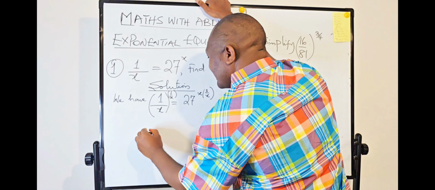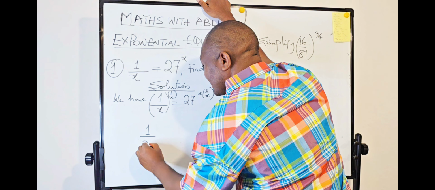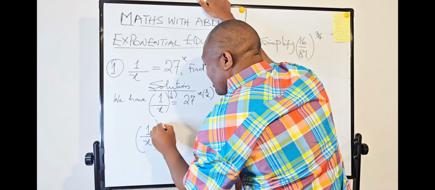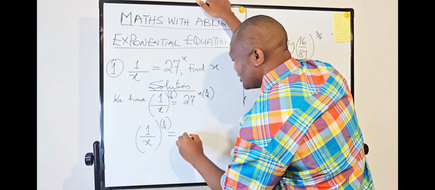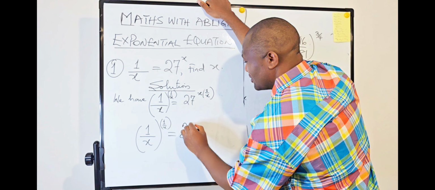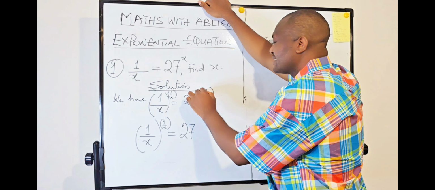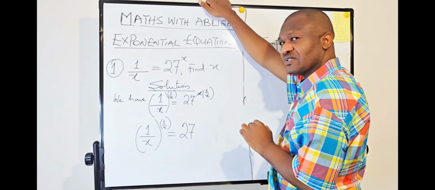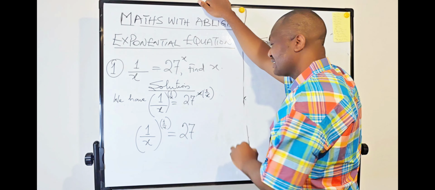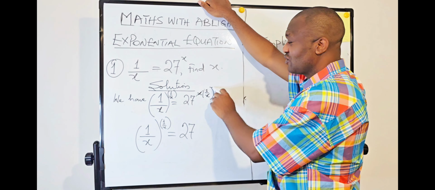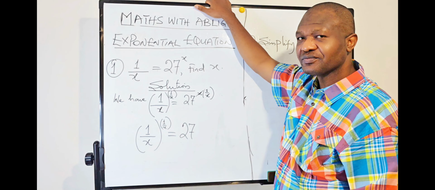Now this means that 1 over x all raised to the power of 1 over x is equal to 27, because of slight cancellation. Do not forget that word, slight cancellation. We are left with 1. 27 to power 1 remains 27.